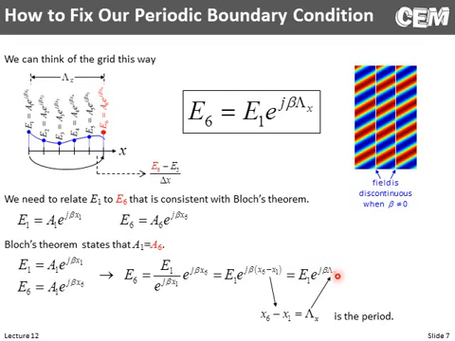So what this is telling us is that E1 does equal E6, but with an additional phase term. And that makes sense, since it's the phase term up here that was causing us the problems to begin with. So this is our hint of how to fix the problem with our derivative operator.